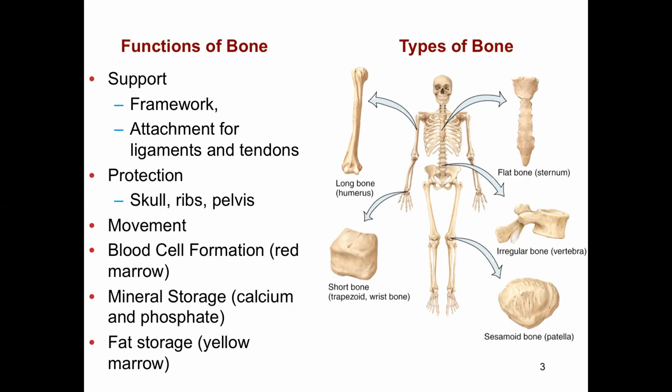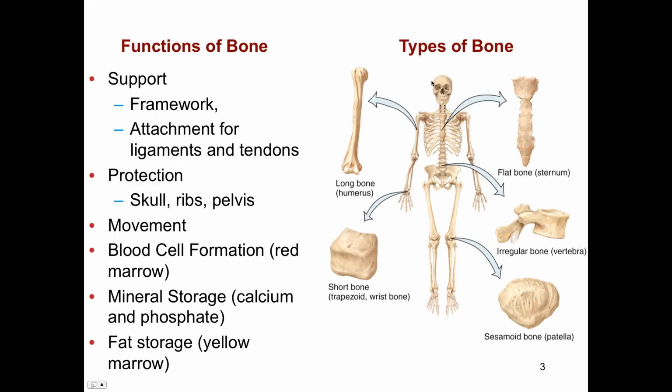And as you get older, you get a bit more yellow marrow than you have red, but you know, that fat storage, if you see animals, they like to chew on bones, and people actually used to get the yellow marrow out because it's a good source of energy, right? Because it's fat. People don't tend to do that anymore, and we get plenty of fat elsewhere, but it used to be that would be something that would be done.